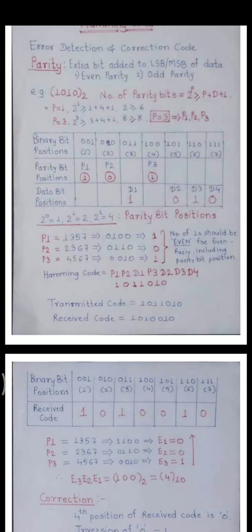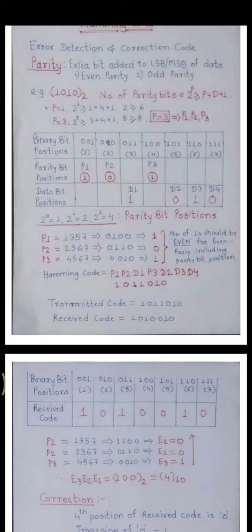Okay, so we will take this example for even parity. In even parity, the number of ones in the given data should be even after adding the parity bit. Means the parity bit is added according to the data such that the number of ones will be even.